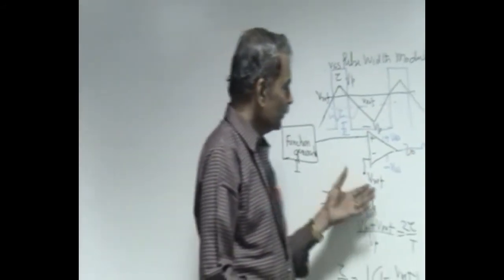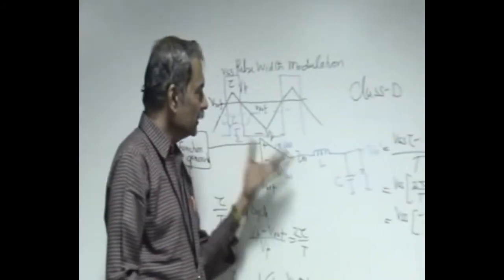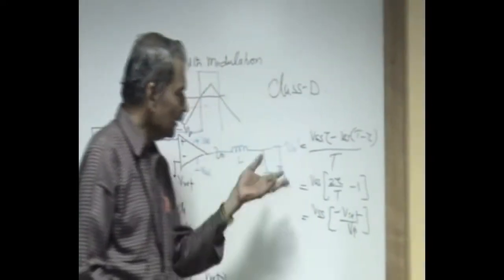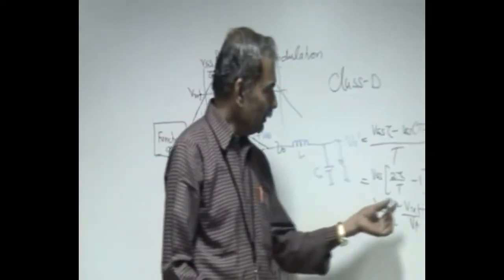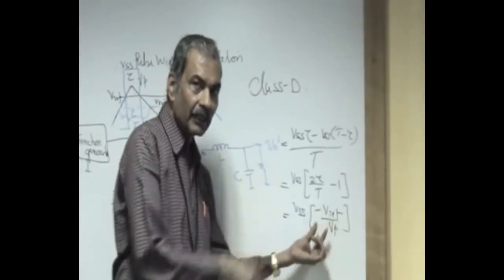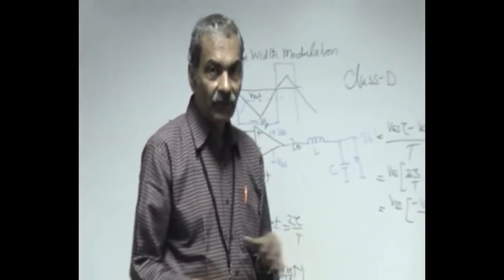Another application is where this is nothing but a DC to DC converter. This DC voltage VSS, which can be unregulated, can be controlled at the output by changing V reference by feedback. That becomes a switched mode power supply, which we are going to discuss later.